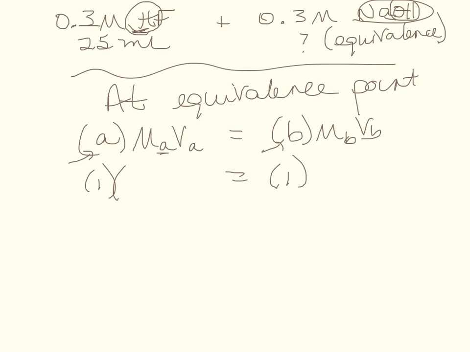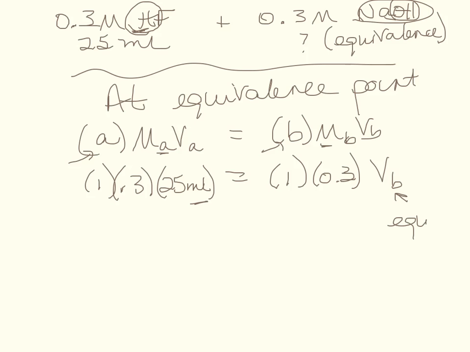Molarity of the acid is 0.3. The volume of the acid we have is 25 milliliters. It does not matter the unit of your volume in this equation as long as the units are the same on both sides of the equation. So molarity of the base, 0.3 molar, and volume of the base is what we're trying to solve for. We want to know what this volume is at the equivalence point.